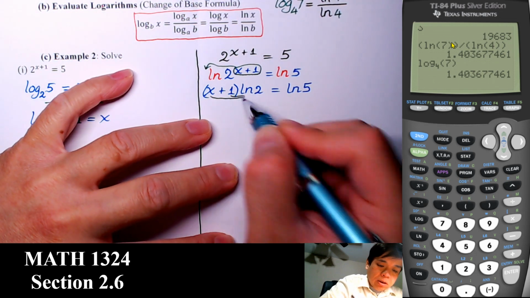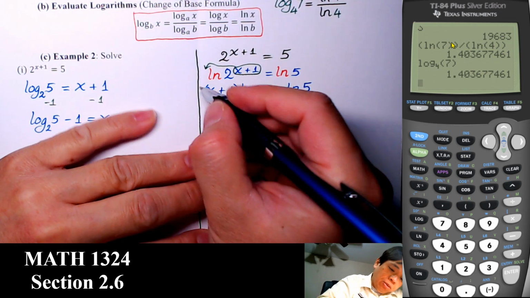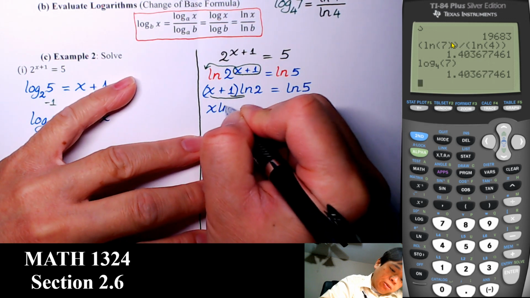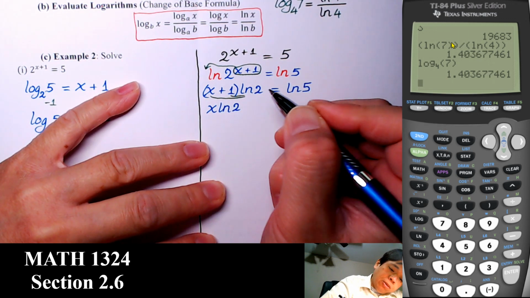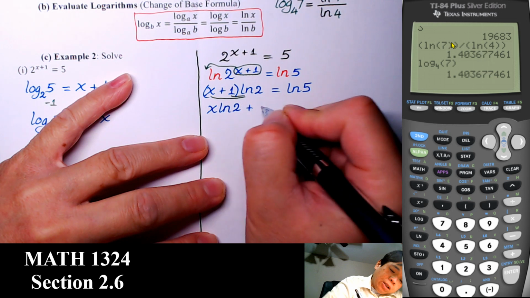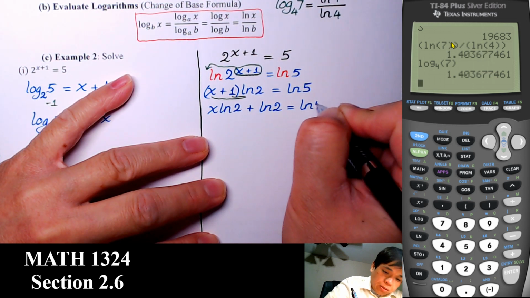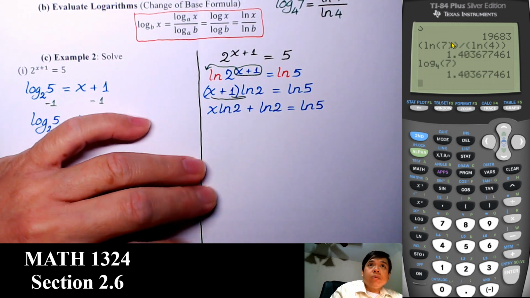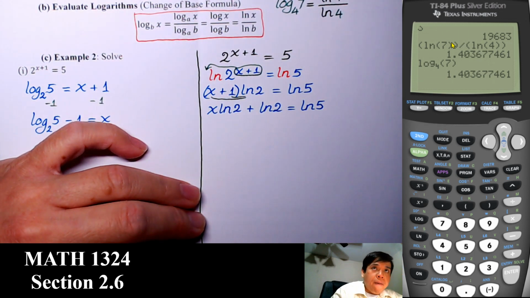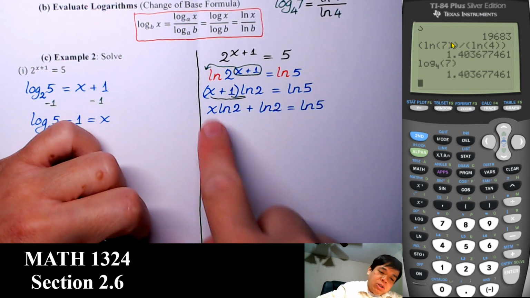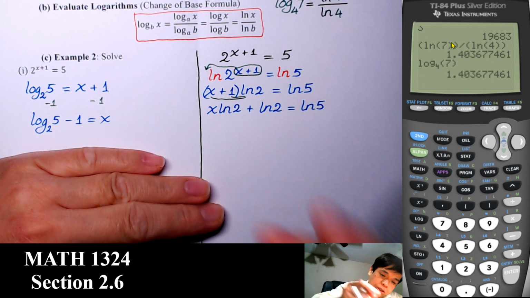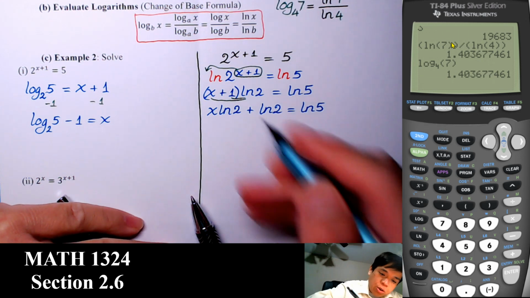Multiply it out. Right, and now we solve for x here. So we can subtract the ln of 2 on both sides.